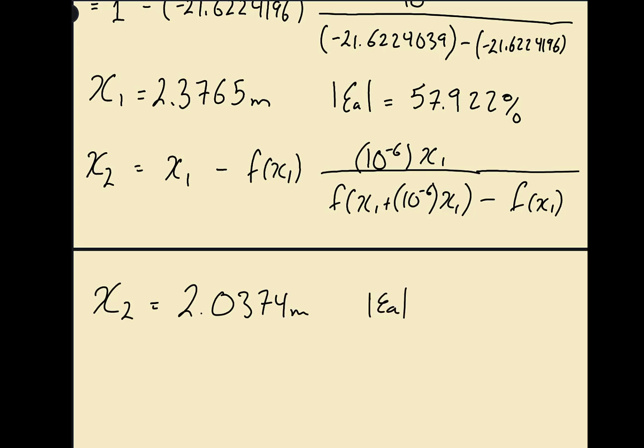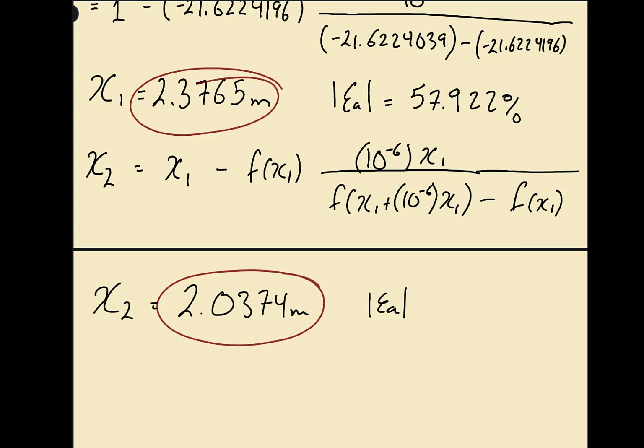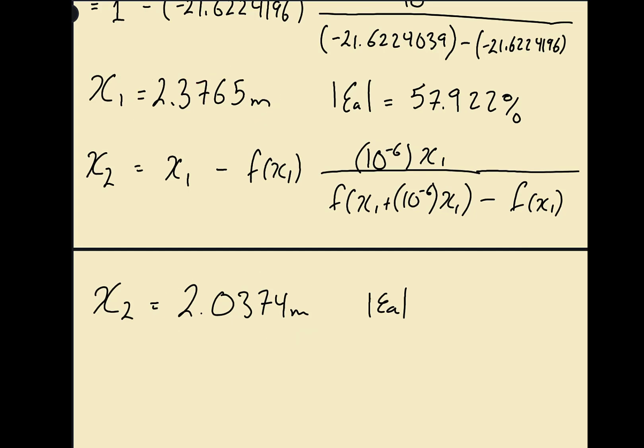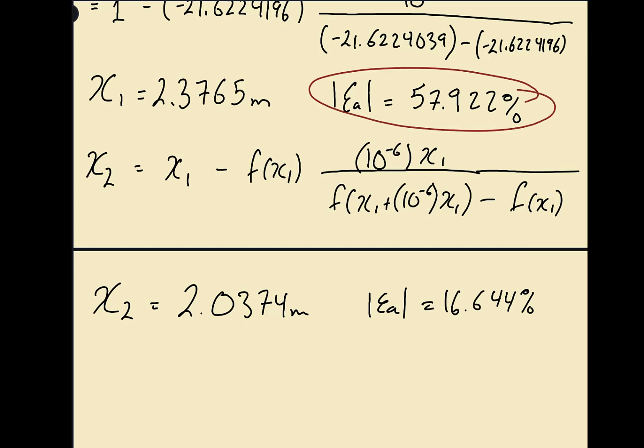Percent relative error, where we compare this value to this value, is going to be 16.644%. So we can see that we went from 57 or 58 to about 17. So we are approaching 0.